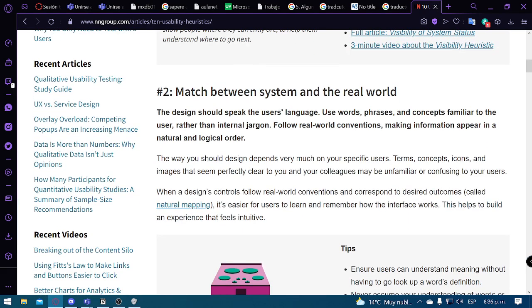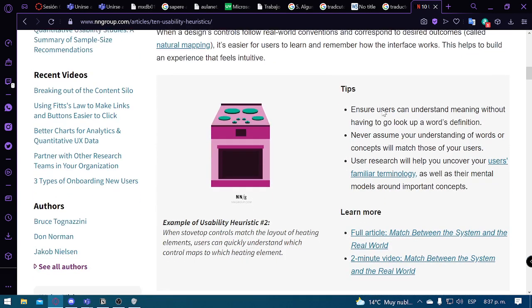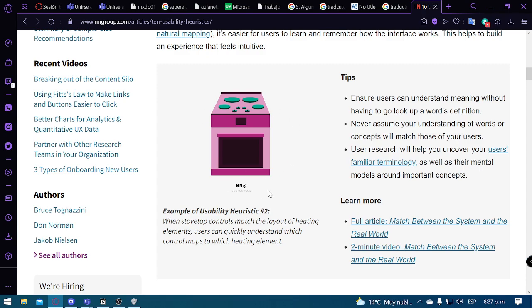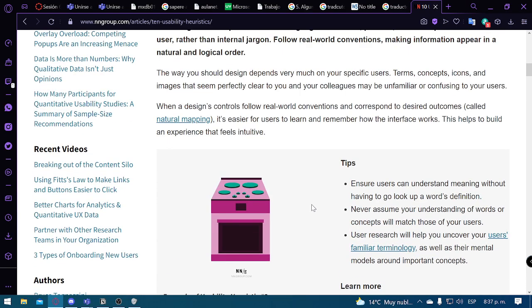In the second tip, match between system and the real world. So in this case, it shows us that when stove controls match the logic of heating elements, users can quickly understand which controls map to which heating element. So the way you should design depends very much on your specific users.